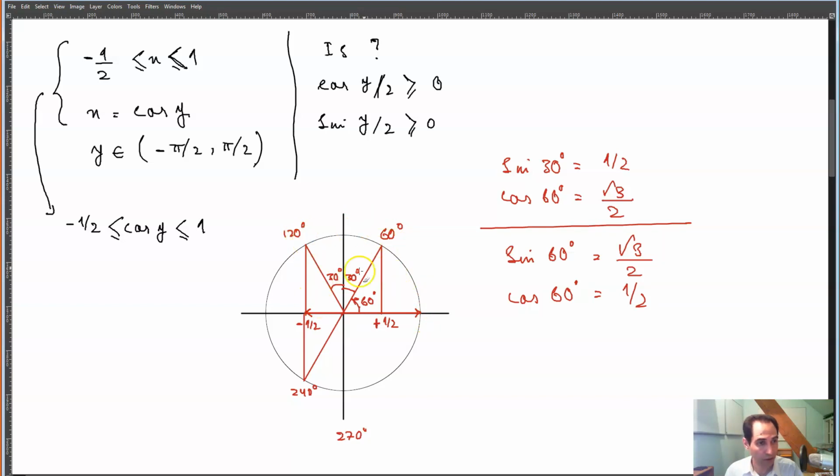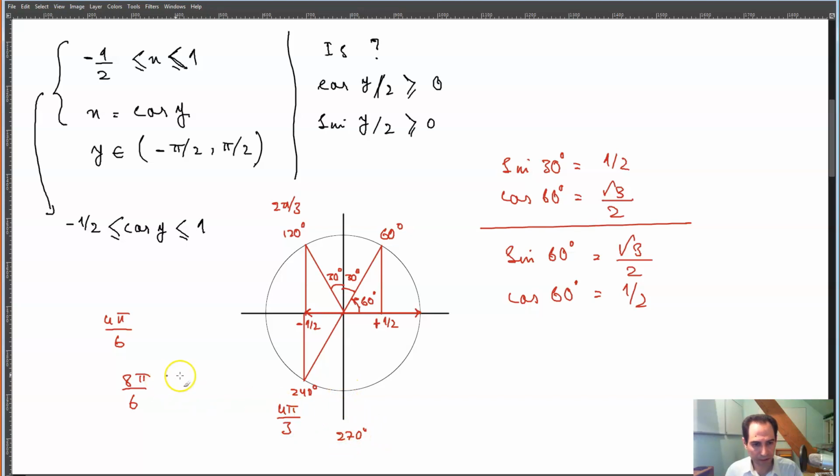Now let's write these angles in radians. So this is pi by 6, this is 2 pi by 6, this is 3 pi by 6, this is 4 pi by 6, which is equal to 2 pi by 3, right? So this is 5, 6 pi by 6, 7, 8 pi by 6, which is equal to 4 pi by 3.